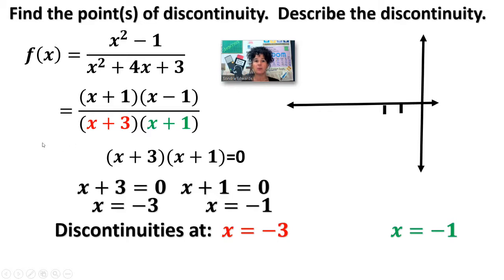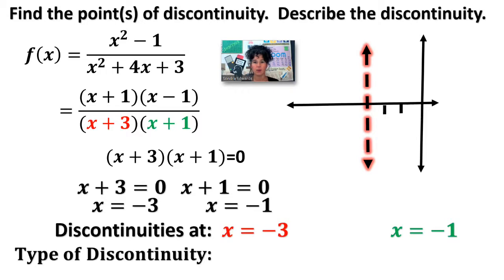So it's going to be a non-removable discontinuity. And that also means that we're going to have a vertical asymptote at -3. When a number makes the denominator 0 but doesn't cancel with something in the numerator, you have a vertical asymptote. So non-removable.